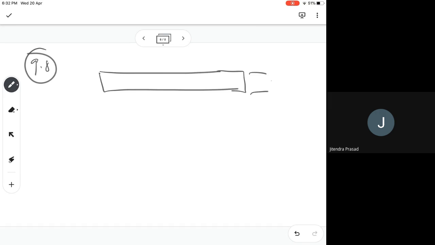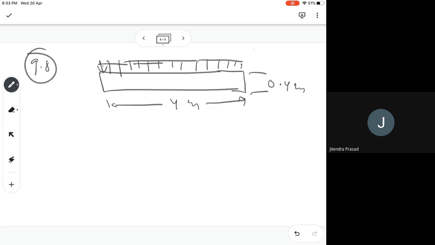It is given dimension 0.4 meter, and from here to here this is 4 meter, and then it has the load here like this, and the loading is 100,000 Newton per meter.